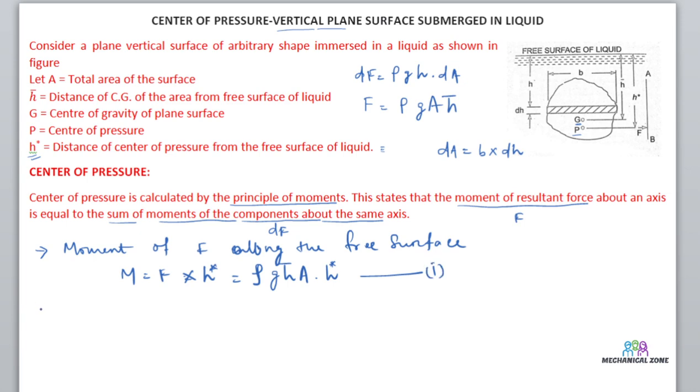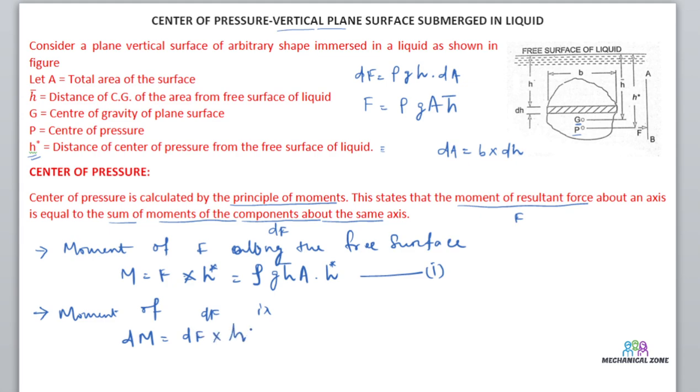After that, what will we do? We will calculate the moment of force dF, that is the pressure force acting on the small strip. The moment of dF, which I am denoting by dM, is equal to the force dF into the perpendicular distance.